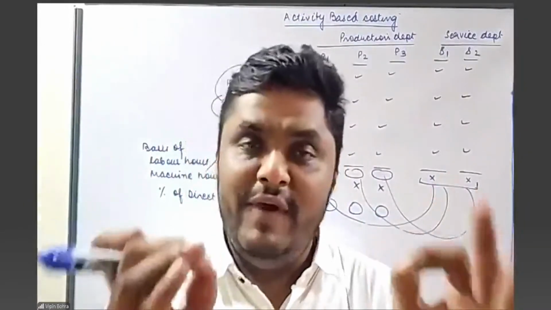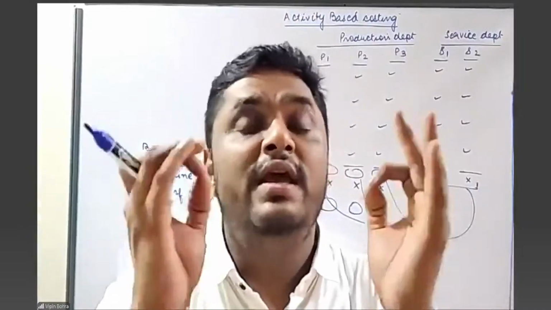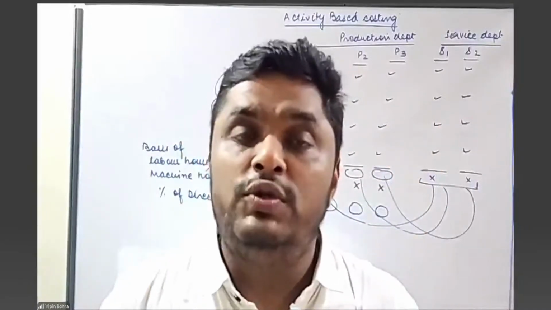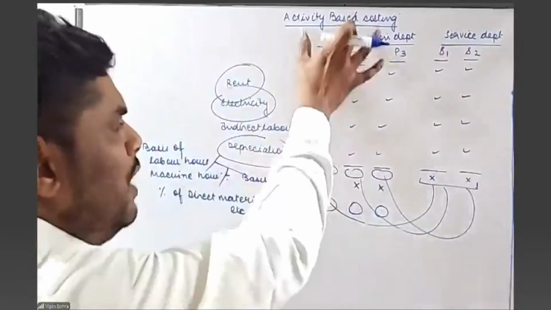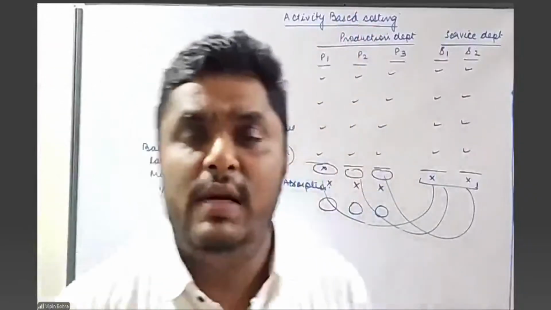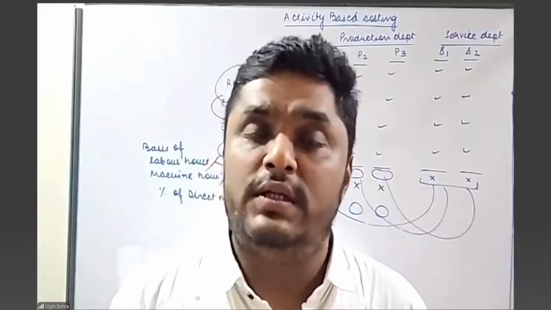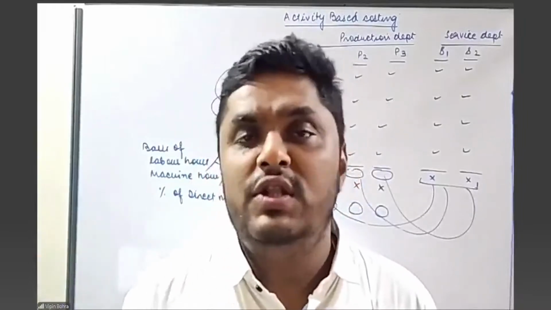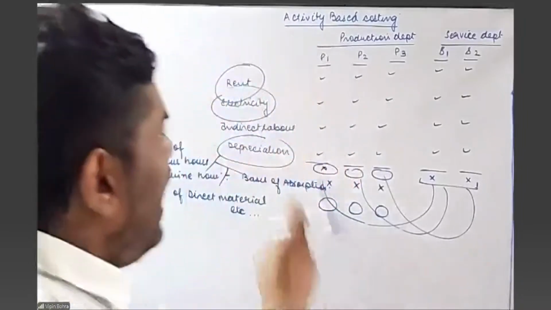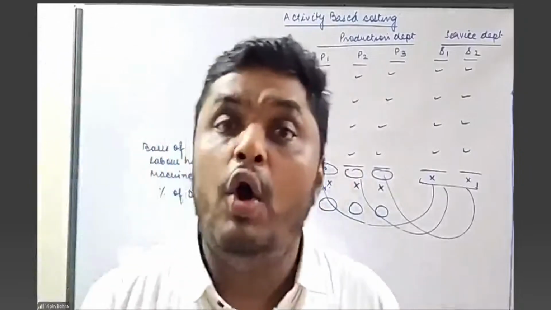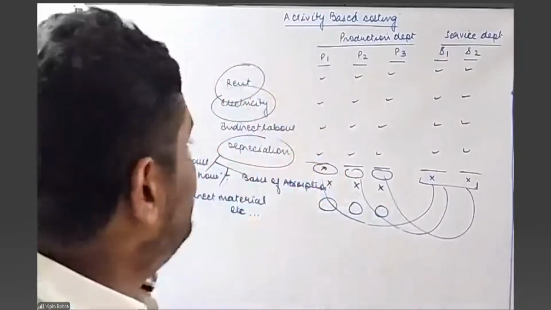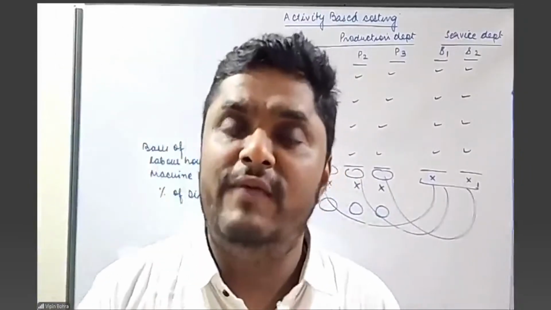I repeat again, when talking about activity-based costing, it says that I have a better approach. How can you absorb all the overheads on a single basis? Let's say I'm absorbing the overheads on the basis of labor hours. So how can you absorb rent on the basis of labor hours? How can you absorb electricity on the basis of labor hours?